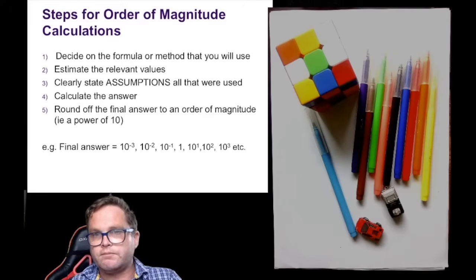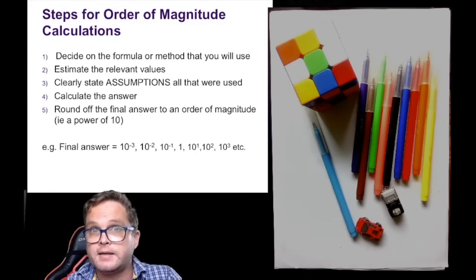Finally, in step 4, we calculate the answer, and then in step 5 we round it to an order of magnitude. That's to say that we leave the final answer as a power of 10. Perhaps it's going to be 100, perhaps 10,000, perhaps a million, maybe it's going to be 0.01 if it's a very small number, maybe 1 times 10 to the minus 15. But these are all powers of 10.